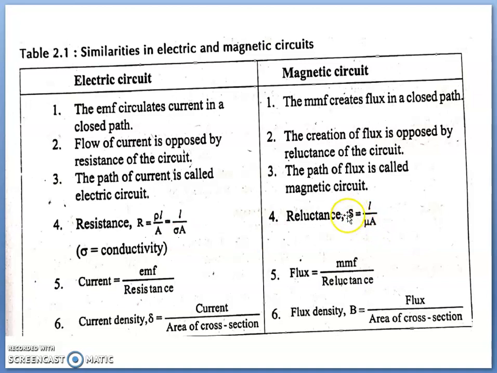And here again, S is L by mu A, where mu is the permeability. R you can also say in terms of reluctance. So current is EMF by resistance, flux is MMF by reluctance. Current density is current by area of cross section. Flux density is flux per area of cross section.